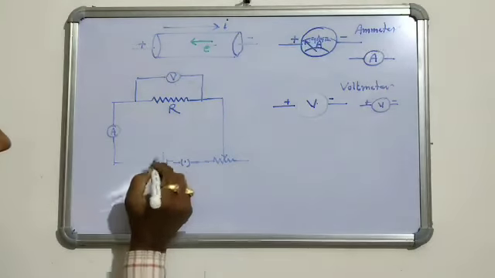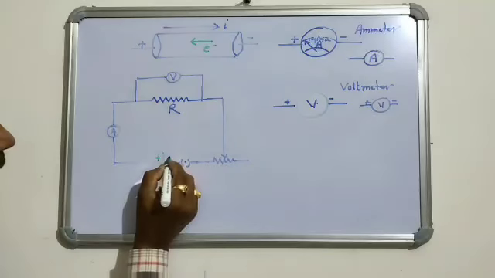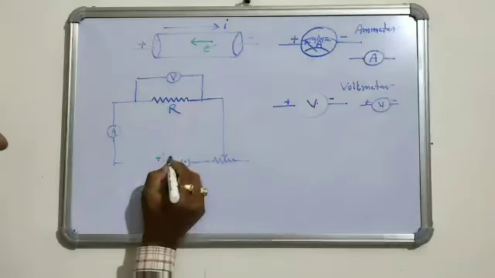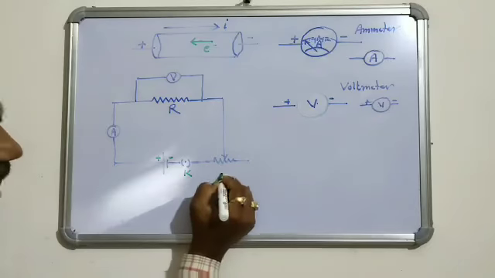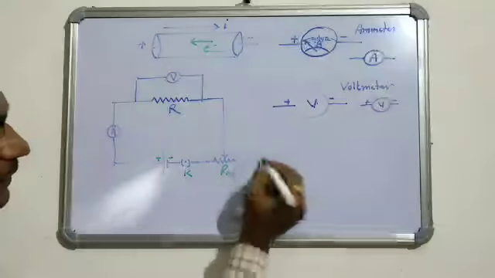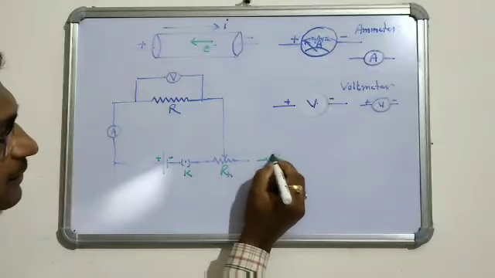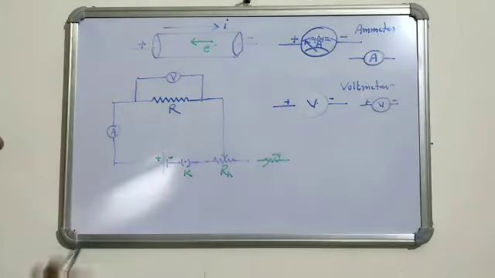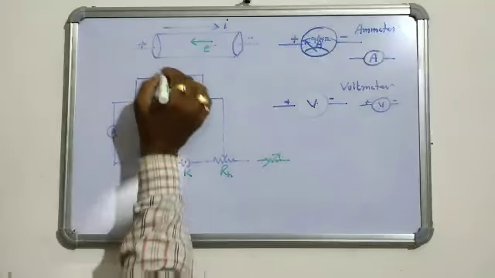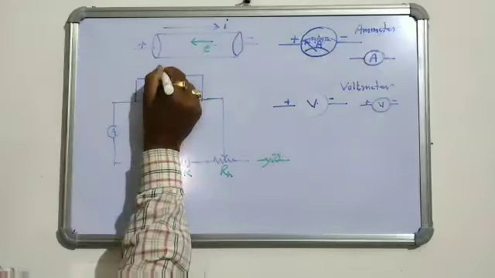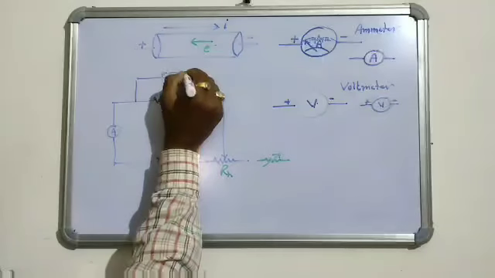The long line is the positive terminal of the battery, the short one is negative. This is the cell, this is the key, this is the rheostat. Rheostat means variable resistance, and it can also be denoted in this way. This is called a variable resistor. Voltmeter has a positive and a negative terminal.